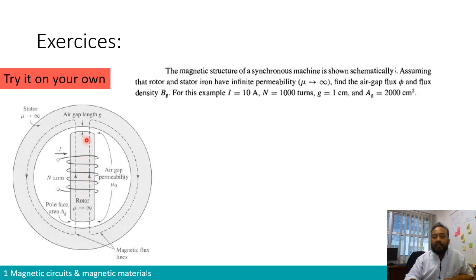Now we have a core that is becoming a rotor, and we have another core on the outer side, which we will call stator, and the magnetic flux will circulate from the rotor to the stator and go back into the rotor. So we have two air gaps over here. There will be certain calculations that will be interesting for you to try out, and I will explain it more in the tutorial session, or the correction of the tutorial will be given for you later.